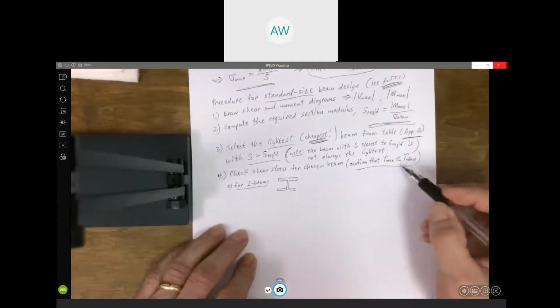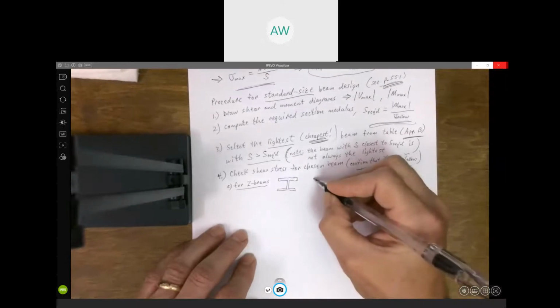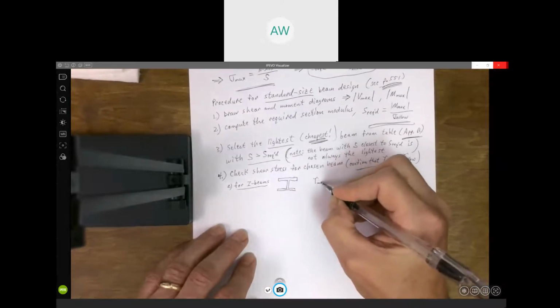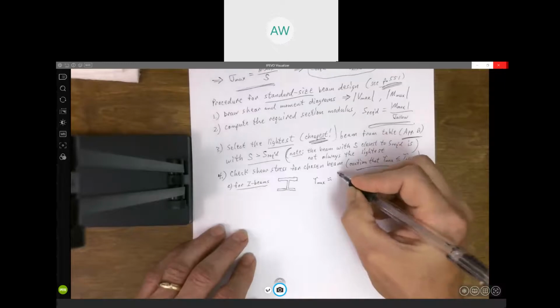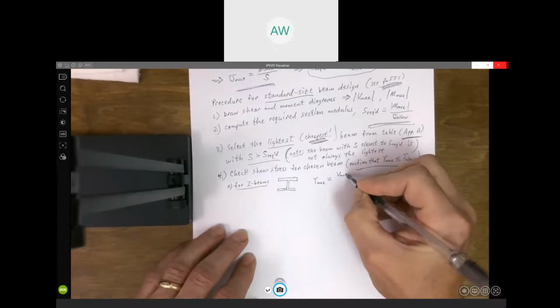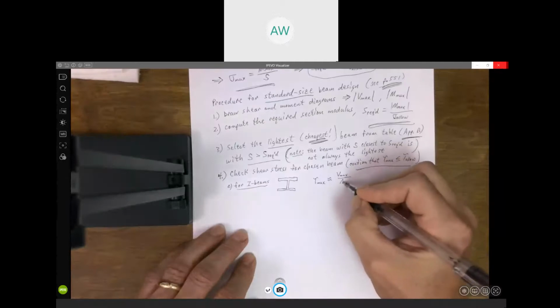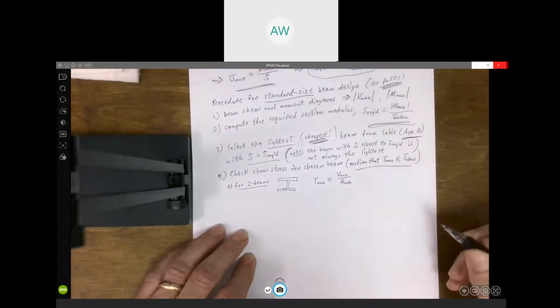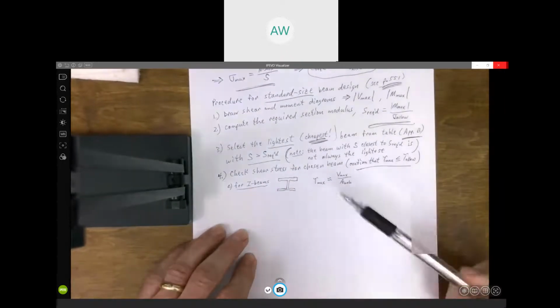If that's true, we're good. And so here's where you can use that approximation where tau max is approximately equal to whatever the maximum shear force is, just divided by the area of the web. Right? We don't have to go through and do VQ over IT for this I-beam.